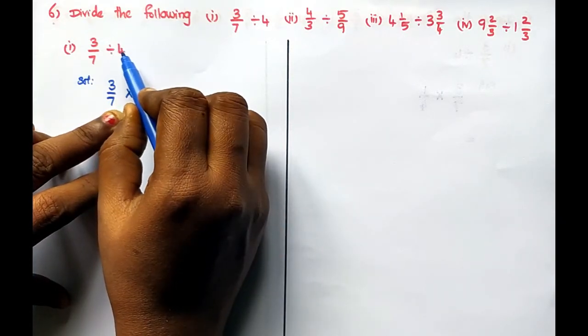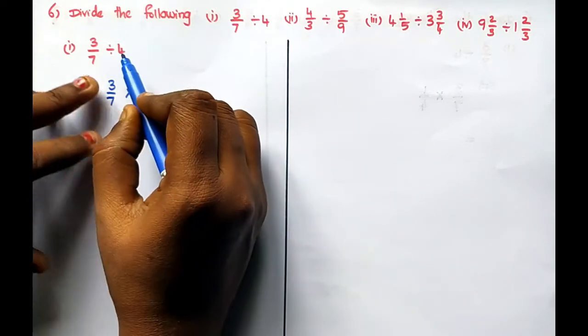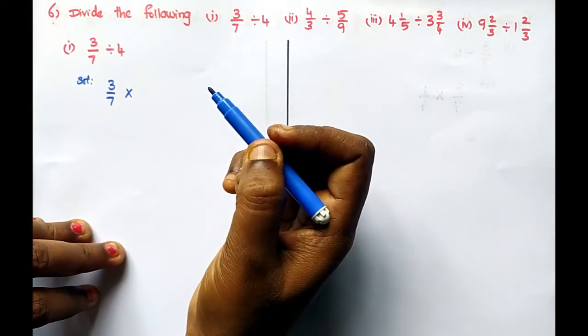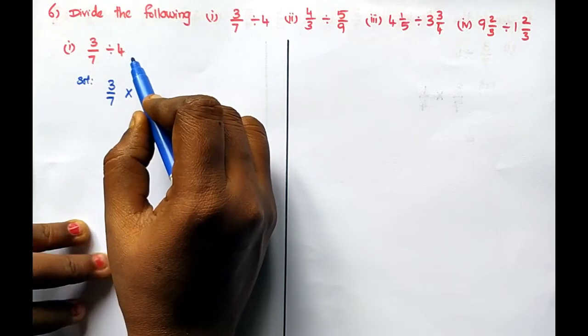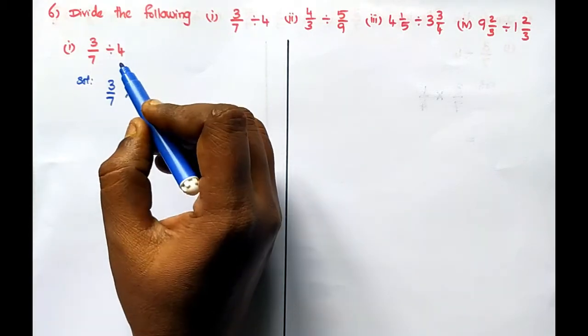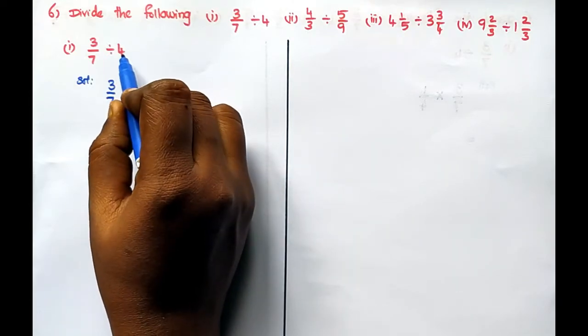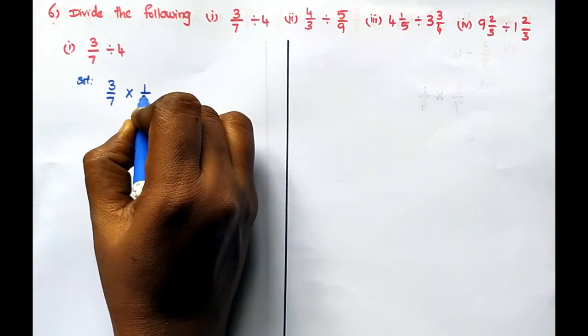Here 4 is in fraction. How much? That is 4 divided by 1. That is understood, I already told you. And one whole number is there means multiplication and division by 1. So here 4 by 1, take the reciprocal of that, that is 1 by 4.